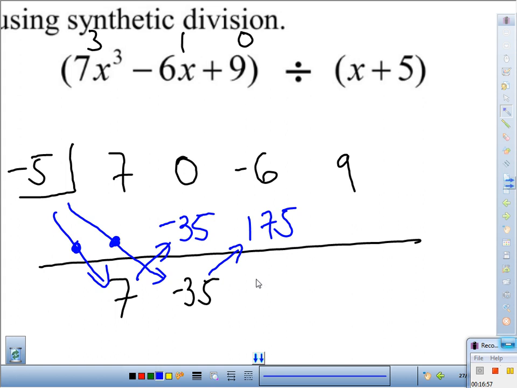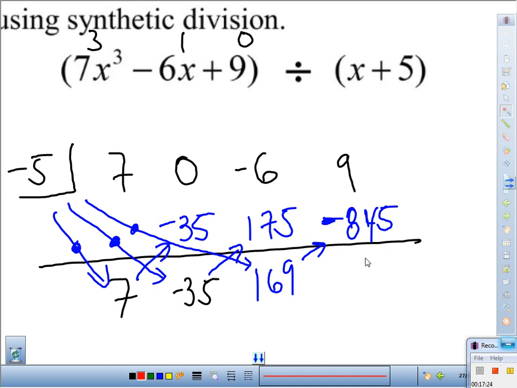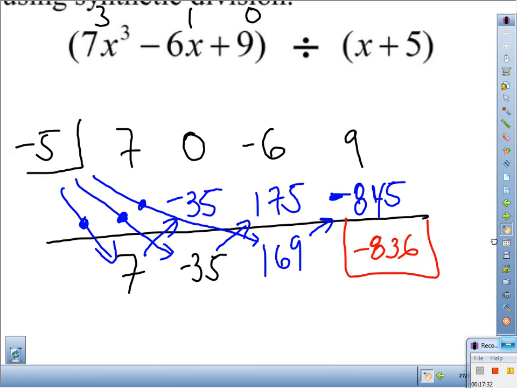Combine, that leaves us with 169. Next, -5 times 169. That leaves us with -845. Combine, and we end up with -836. You're like, we do have a remainder.